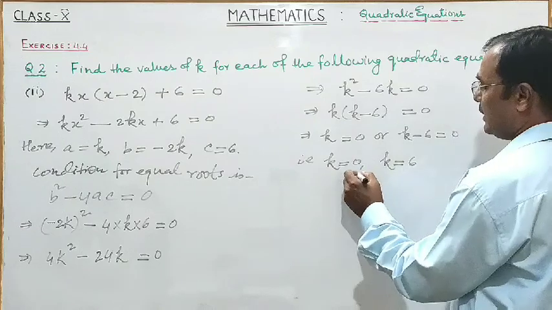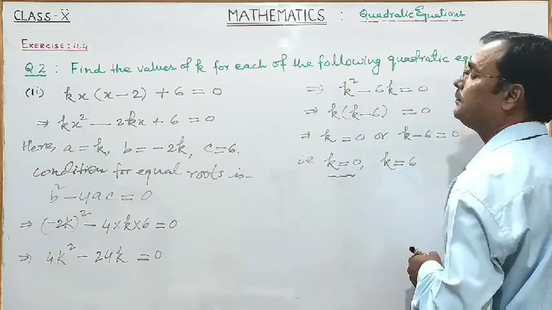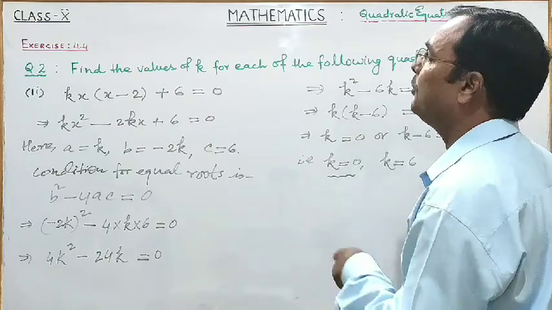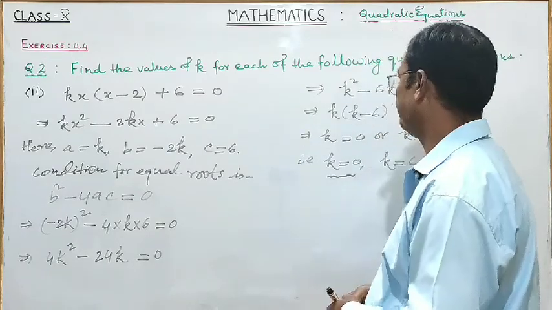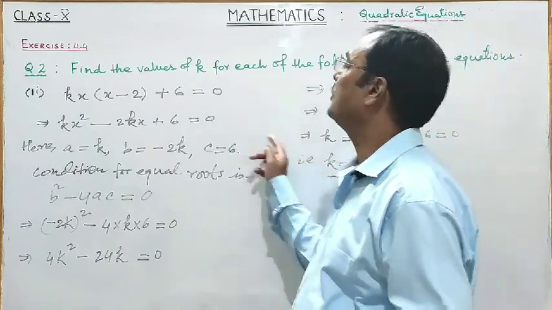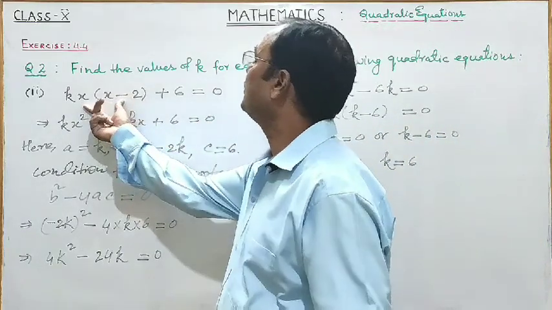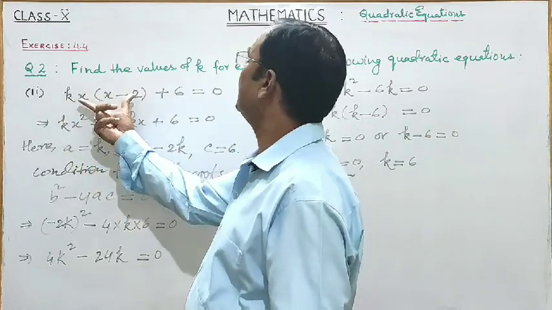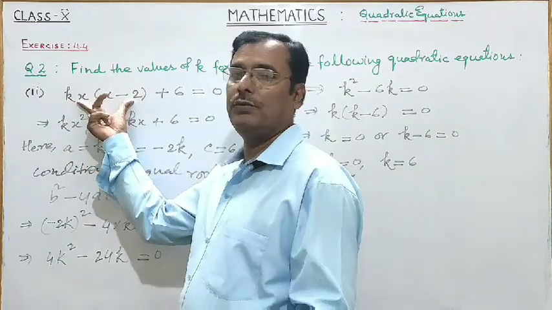But we have to reject this k is equal to 0 because this value of k is not valid for this quadratic equation. In case you put k equal to 0 here in this quadratic equation, k into x minus 2, this first part of the equation will vanish.